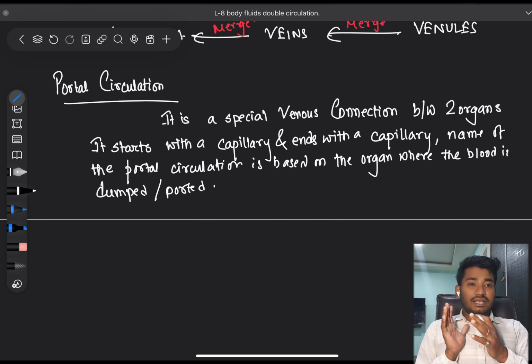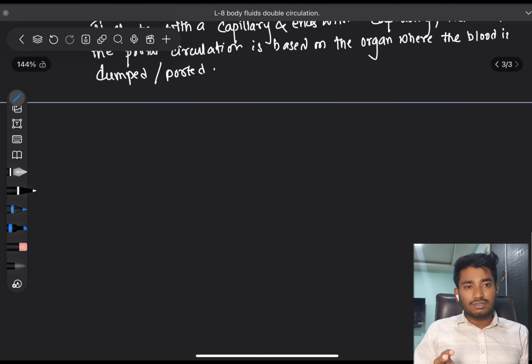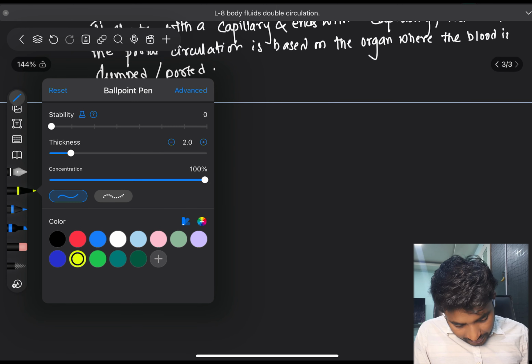So a portal circulation starts from a capillary and ends in a capillary. So there is no function of the veins and venules in the portal circulation. Now I am drawing it.